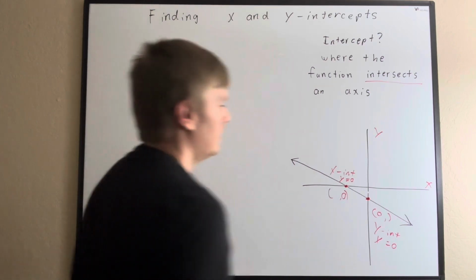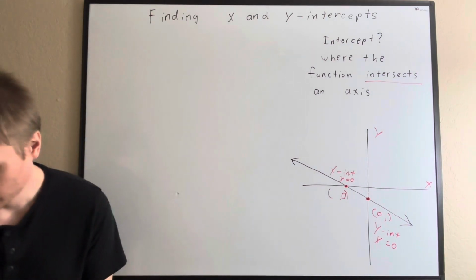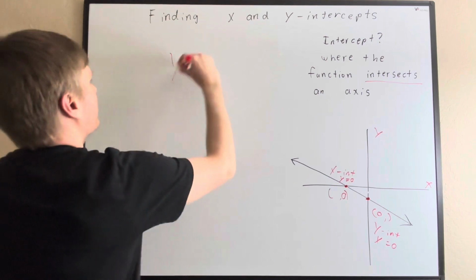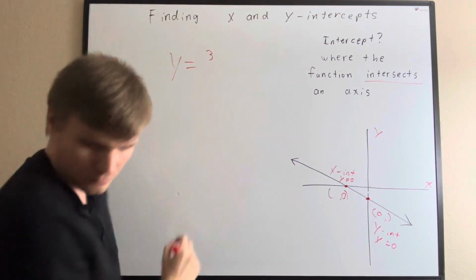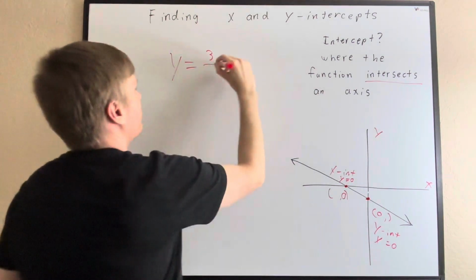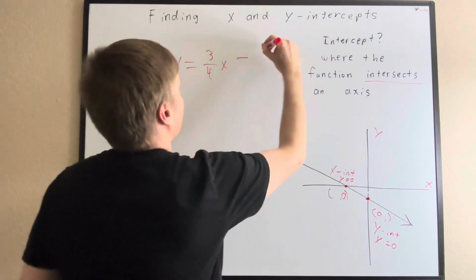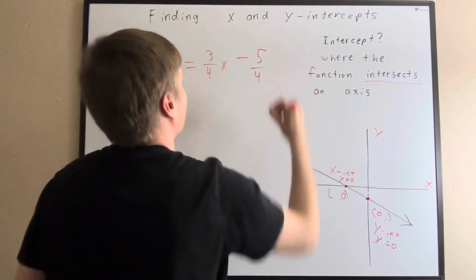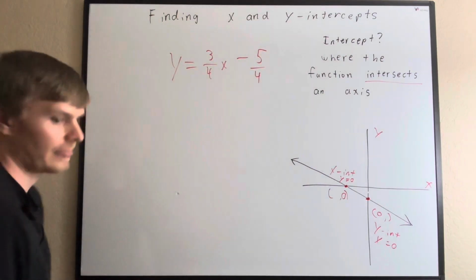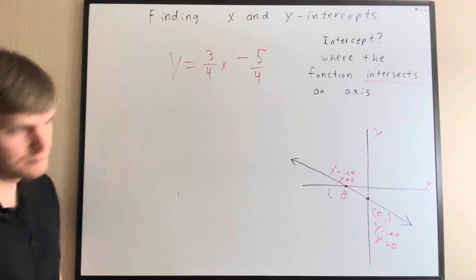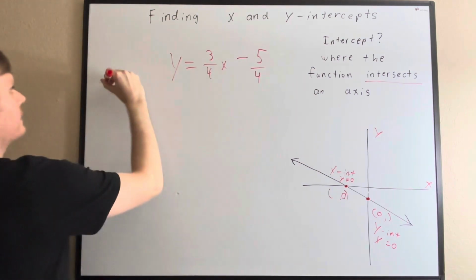Now, let's actually do a problem. Let's take y equals 3/4 x minus 5/4. We want the x-intercept.